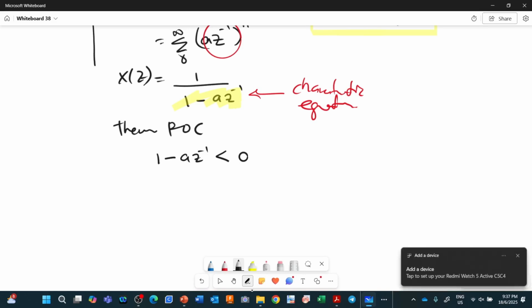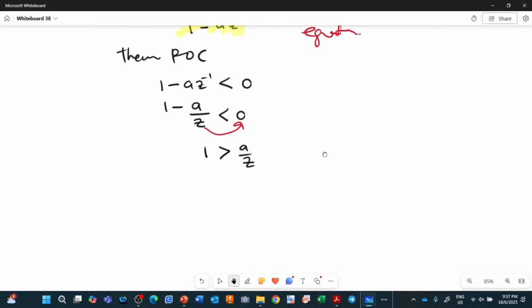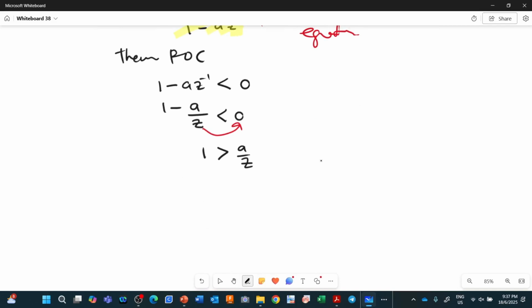At the back there? So 1 minus, rearrange it, a over z less than 0. Bring this to the right side: 1 less than a over z. Then you get |z| more than a.